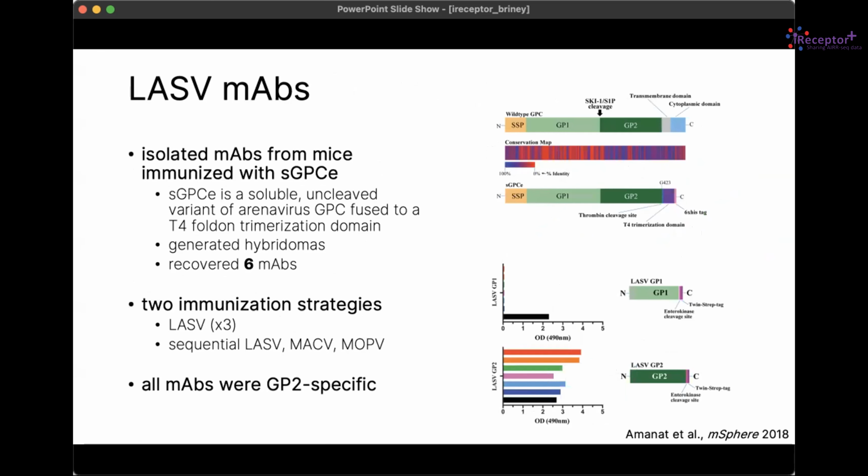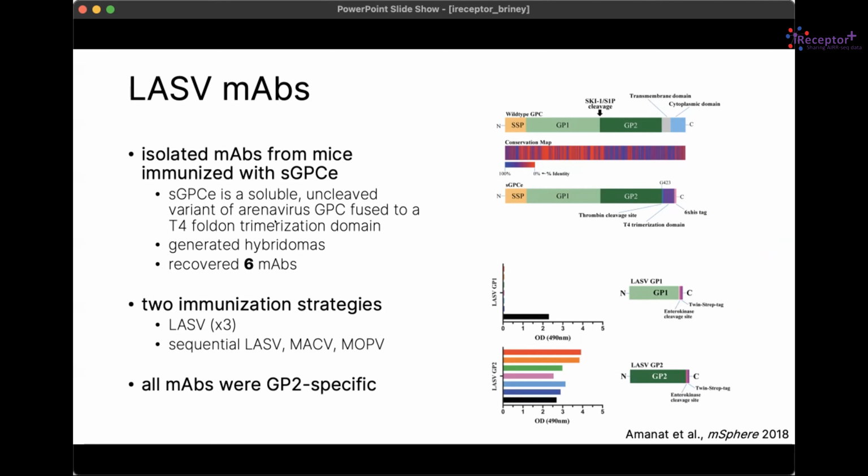To give you a little bit of background on what's known about Lassa antibodies, the answer is not a whole lot, but here are a couple of papers that have been published in the last few years. In this study, mice were immunized with what's called soluble GPCE, which is essentially just the GPC protein with the transmembrane domain and the cytoplasmic domain removed, and a foldon appended to the end.